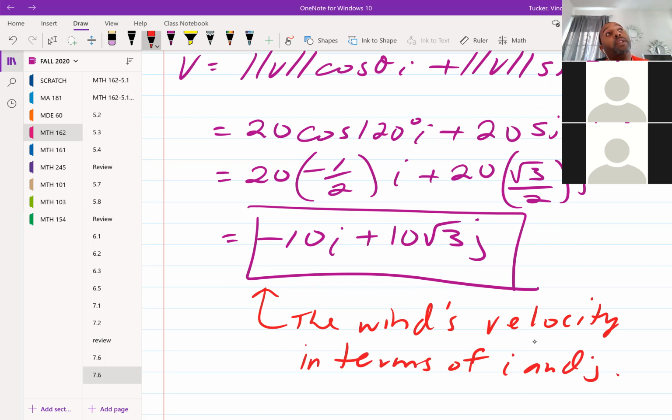We can start 7.7, looking at the dot product.